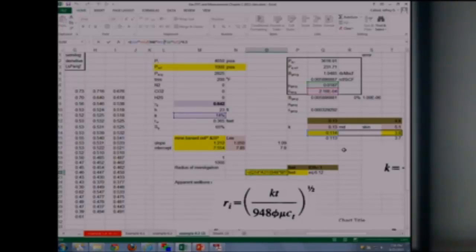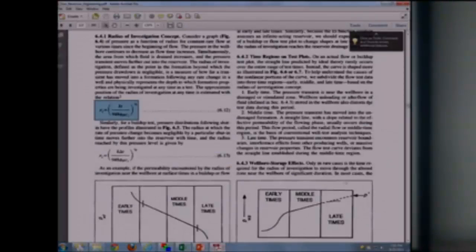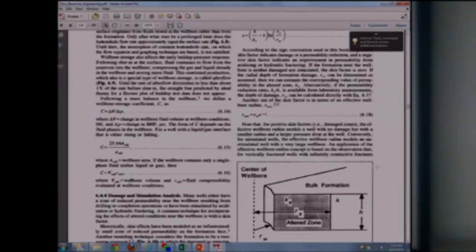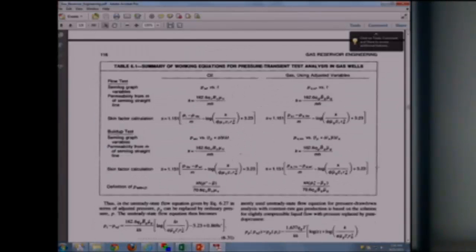It's modified because the first term doesn't have the usual terms. I'm trying to find the table. Your standard skin equation will have a first term that looks like P sub i minus P sub 1 hour over m.